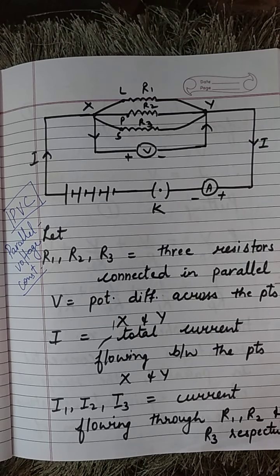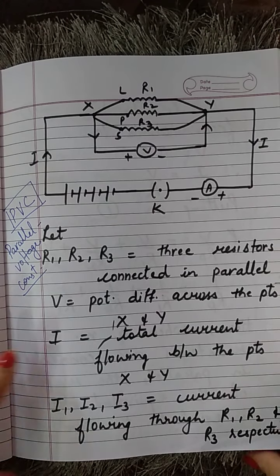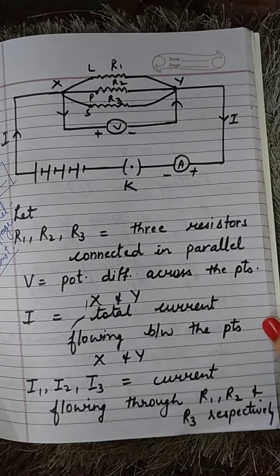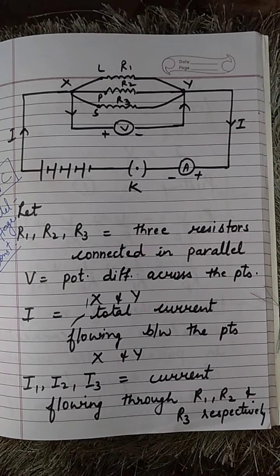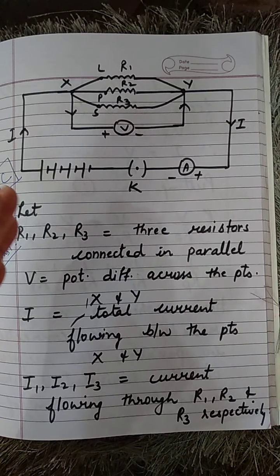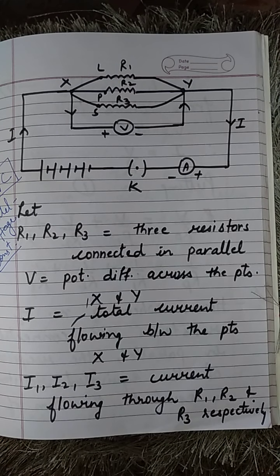So here current will be dividing itself, whereas potential difference is going to be the same. Which example will we be quoting? The arrangement which we have at our place. I will explain this in the next lecture. Before that, let us complete this derivation.